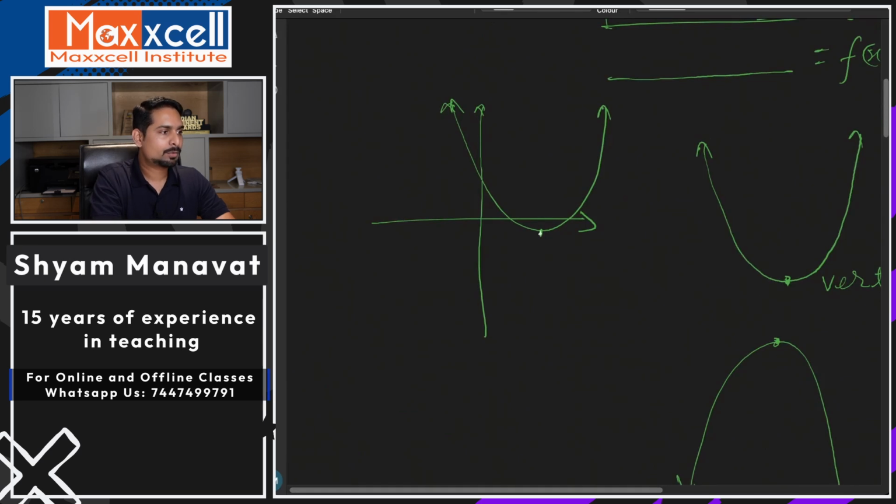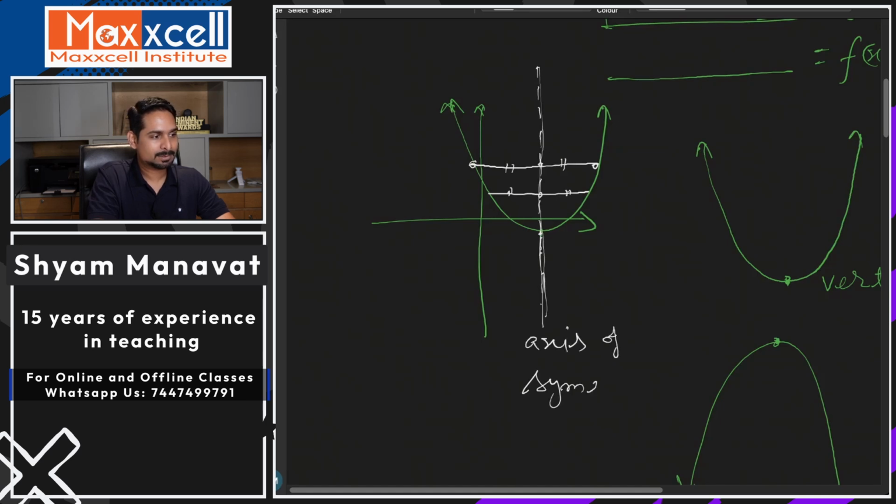When you draw a straight line passing through this vertex in such a way that the distance from both points of this parabola is equal, like this is equal to this, then this kind of axis is called the axis of symmetry. This is called what? Axis of symmetry.